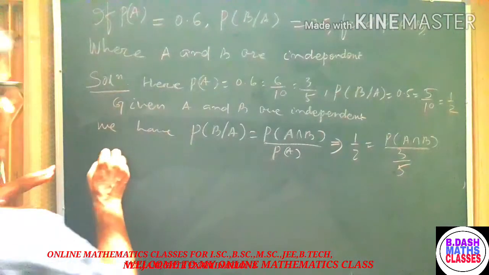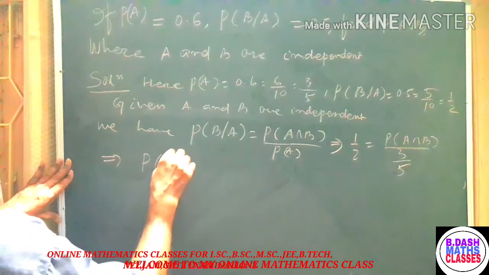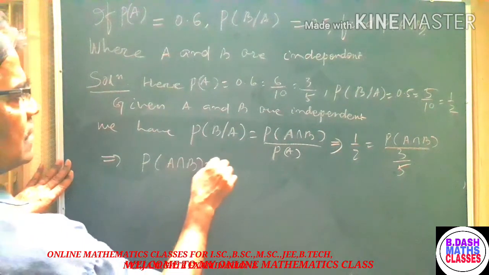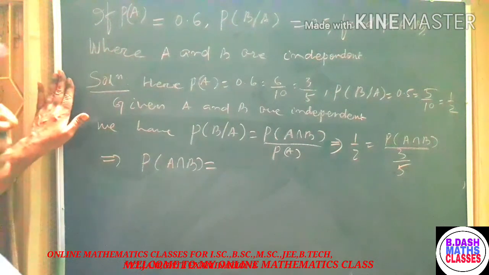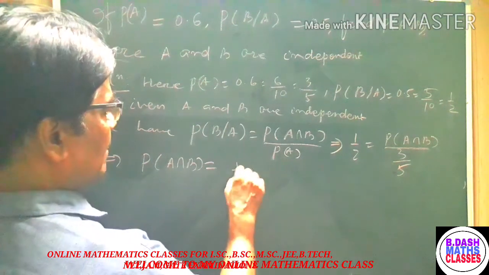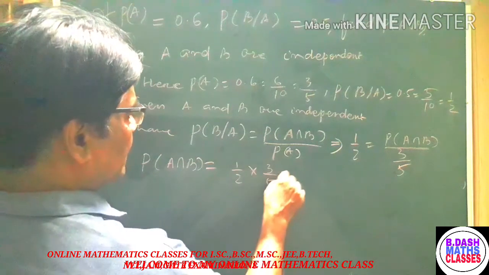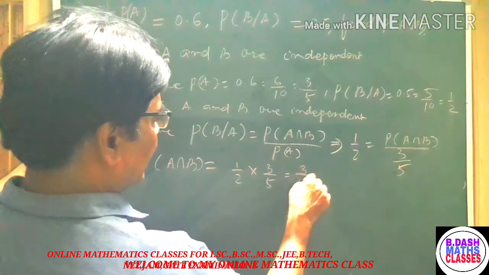So this implies P of A intersection B is equal to 1 by 2 into 3 by 5, that is 3 by 10.